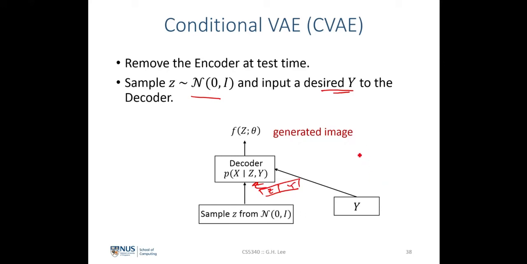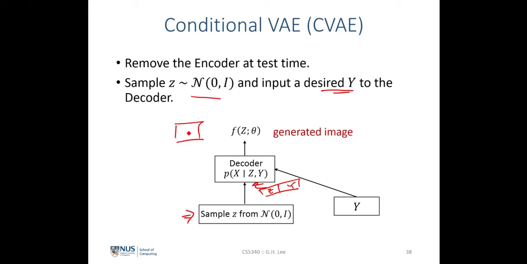Now what's interesting here is that because I know a certain label, say for example, in the original variational autoencoder, let's say I want to generate an MNIST image which contains certain digits, but I have no control over that digit because I'm sampling from the whole latent space. So I don't know what I am going to sample here.